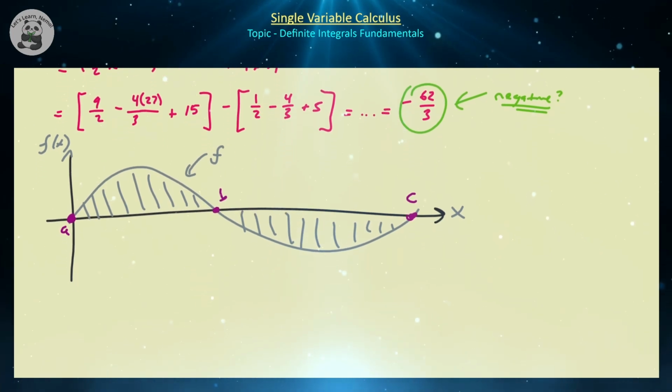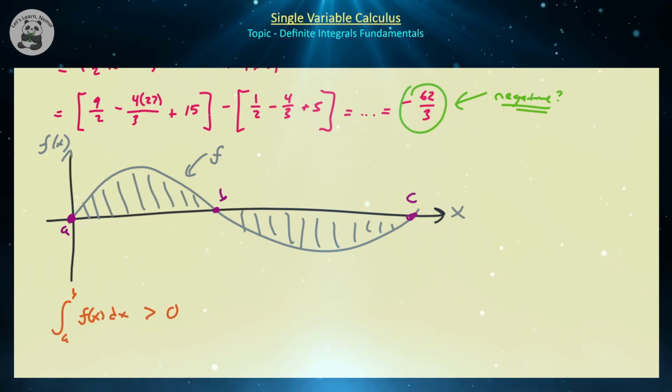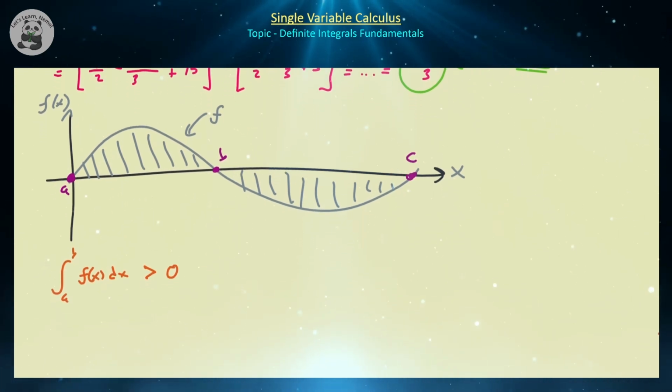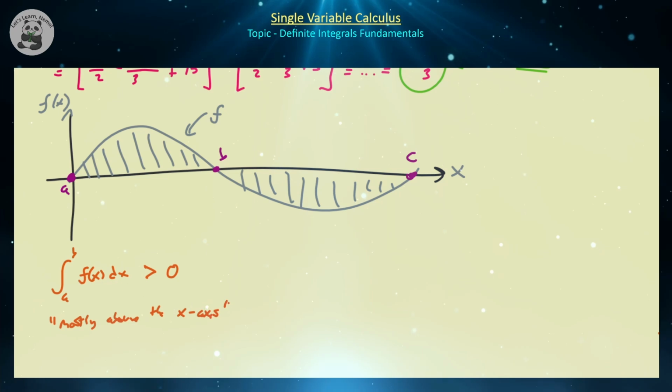So this first area, in particular from A to B, this is our intuitive picture for areas under curves. In this sense, since we see that the integral from A to B is a positive number, what you should actually be interpreting this as is that it's mostly above the x-axis. That's what positive definite integrals actually represent in this context.